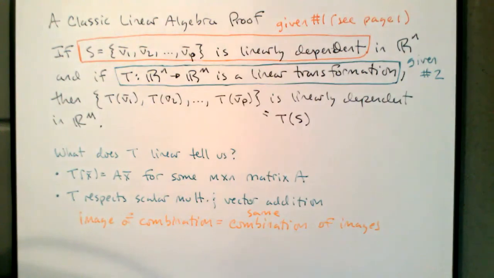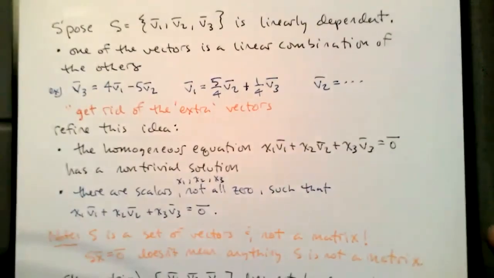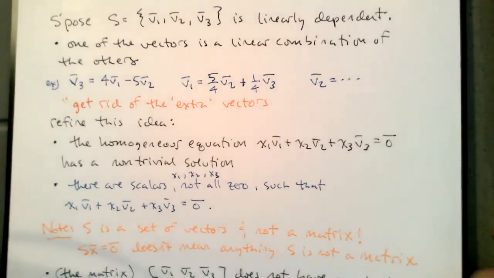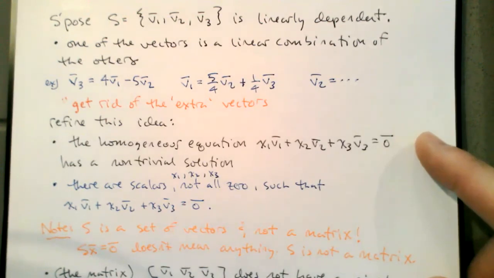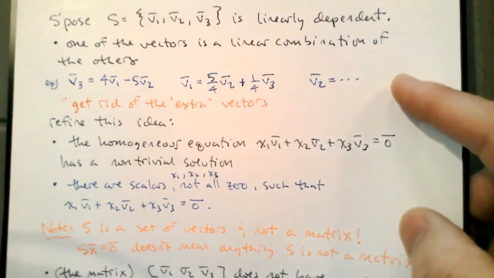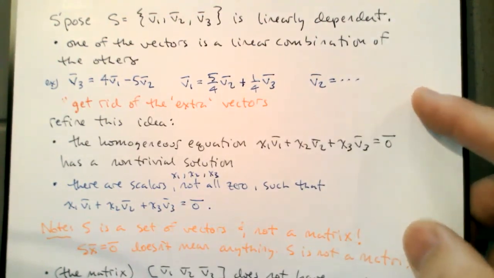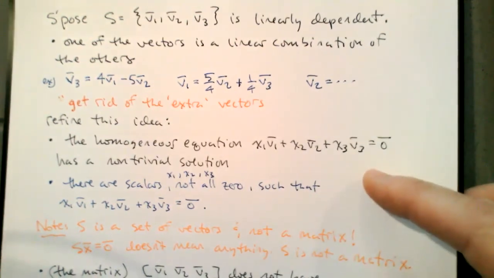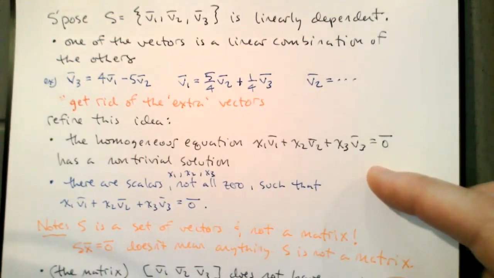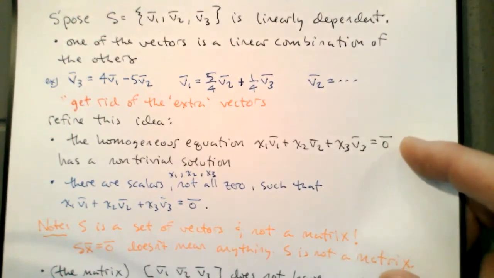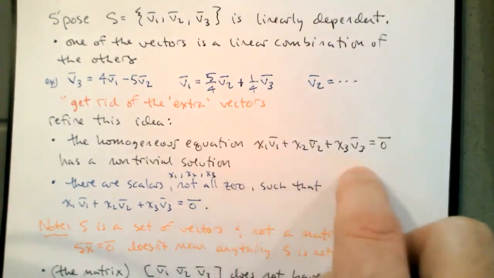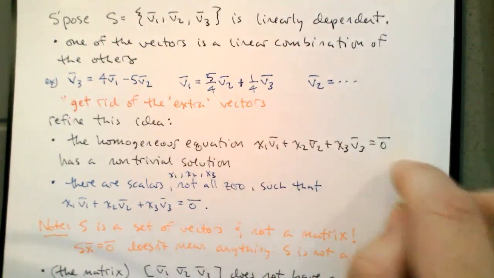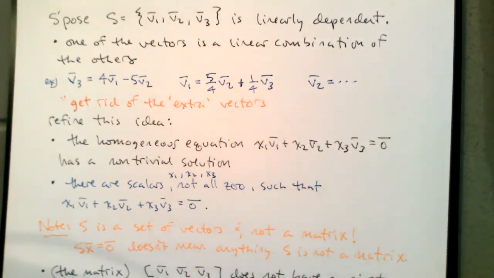It respects linear combinations, and one of our pieces of information about a linearly dependent set was about a linear combination. One of the vectors is a linear combination of the others. And we also have this: the homogeneous equation says this linear combination can be zero. There's a non-trivial linear combination of the vectors that's equal to the zero vector.